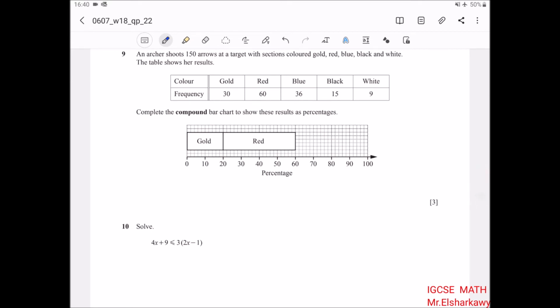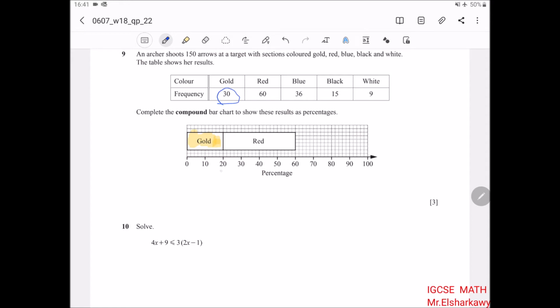Question 9. An archer shoots 150 arrows at a target with sections colored gold, red, blue, black, and white. The table shows her results. Complete the compound bar chart to show these results as percentages. Here for the compound bar chart, the area of the gold is equivalent to the frequency, which is 30.